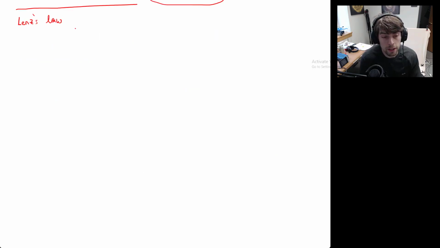And we can look at it this way. Let's say the flux is increasing. The negative sign ensures that current runs in the loop to decrease the flux.